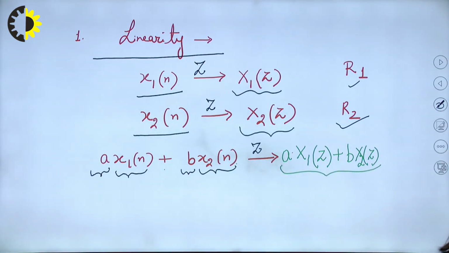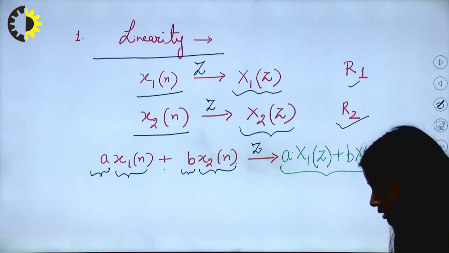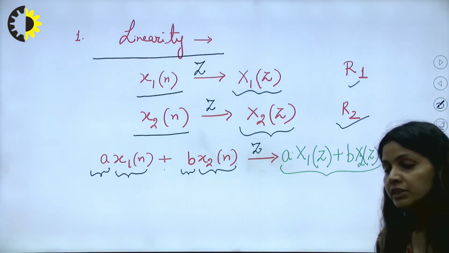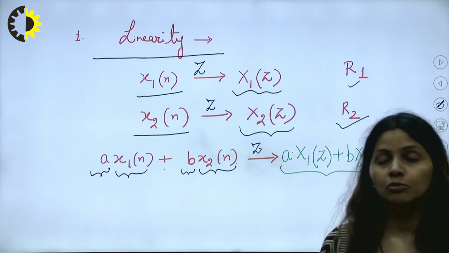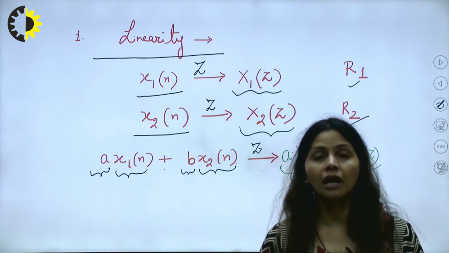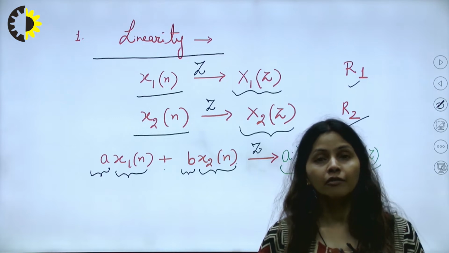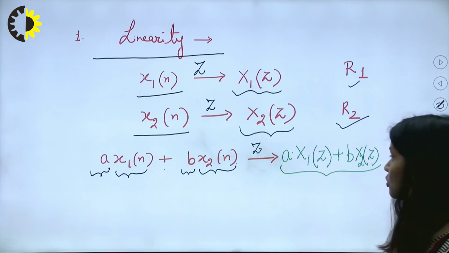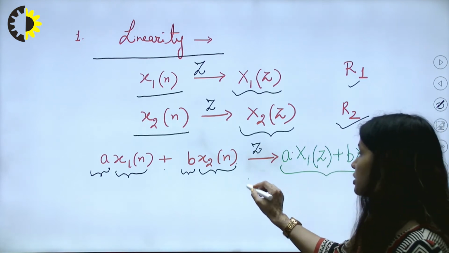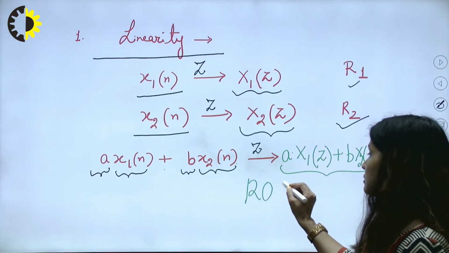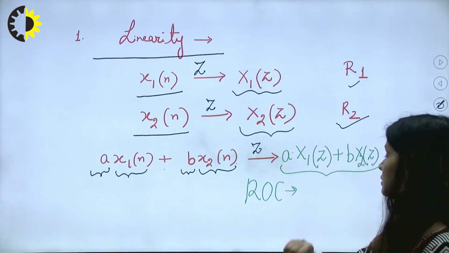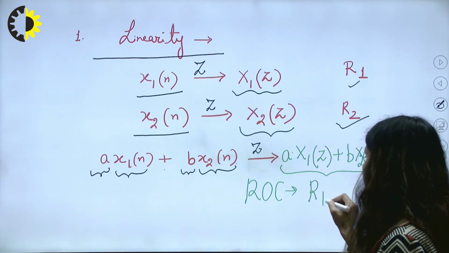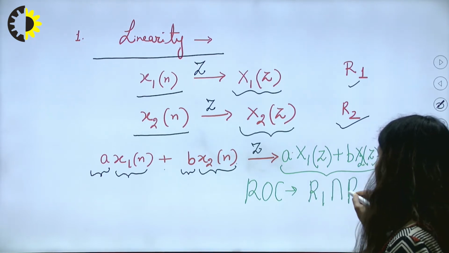Now, this is one point. Next, the Z transform cannot be defined without the region of convergence, so it is important to define the ROC in the Z plane whenever we calculate the Z transform. The ROC for this will be R1 intersection R2.